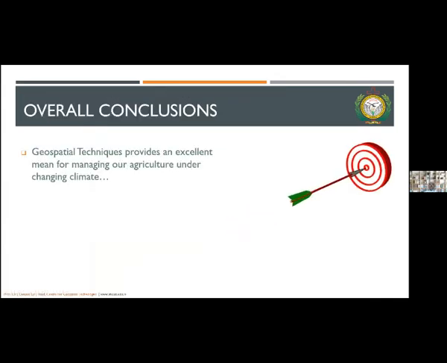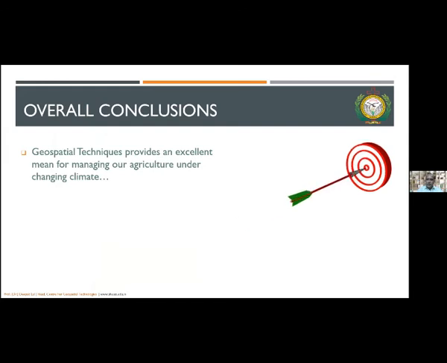So, overall conclusions, what we have concluded here from what we have seen so far: geospatial techniques provide an excellent means for managing our agriculture under changing climate.